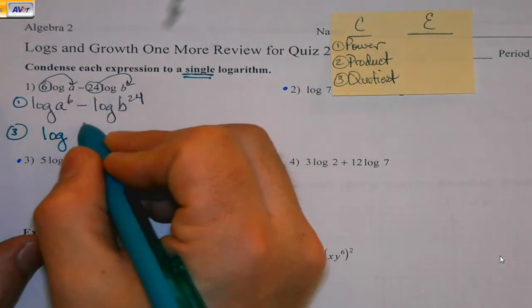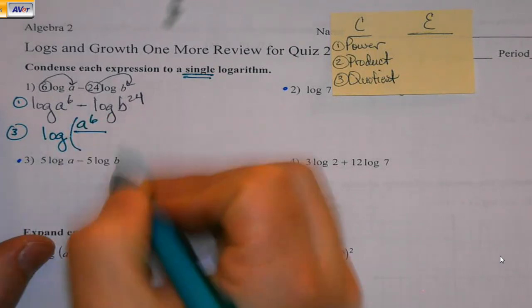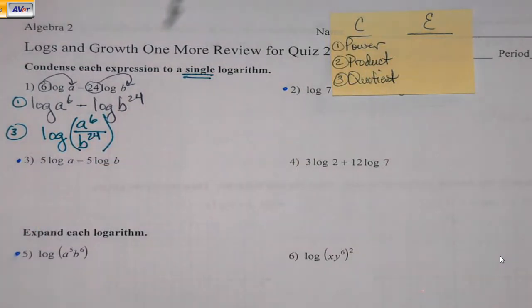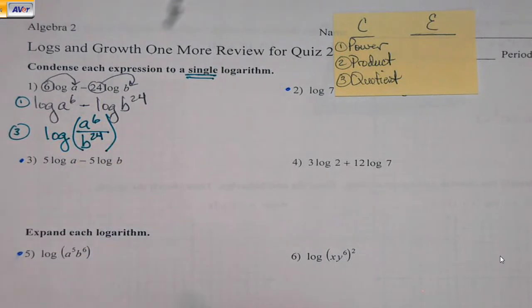So I'm going to have a to the 6th, the minus becomes my divide, b to the 24th. Single log, exponents back in place, no more adding or subtracting. And I've got my answer. So that's one of them I'd be looking at.